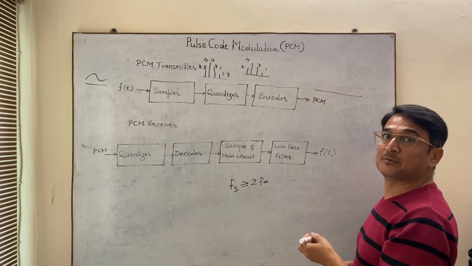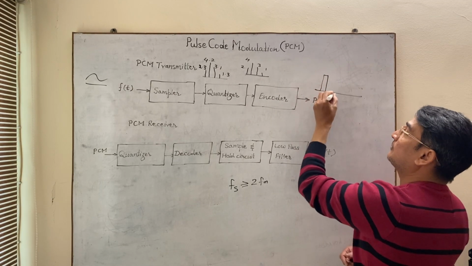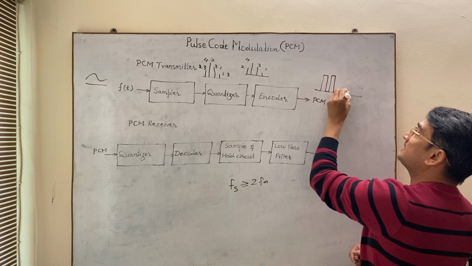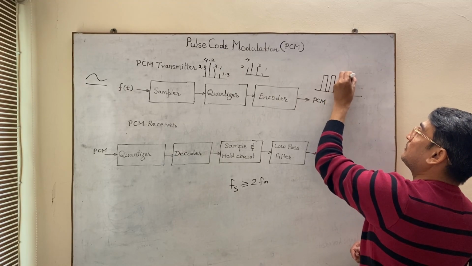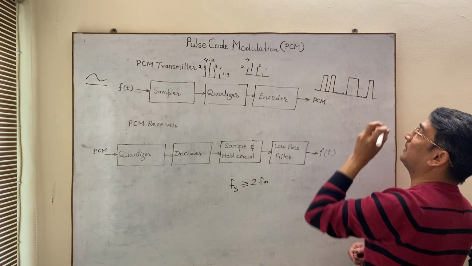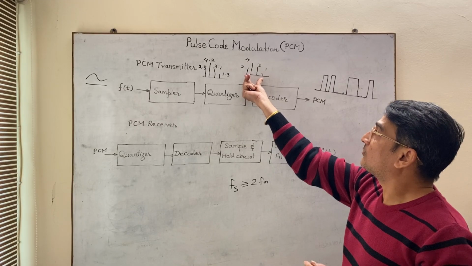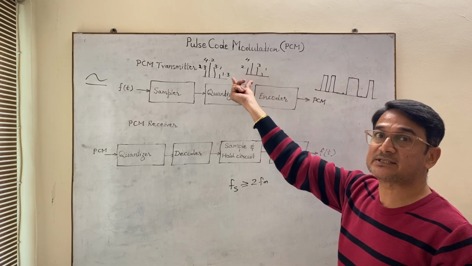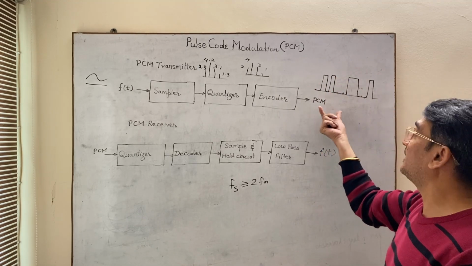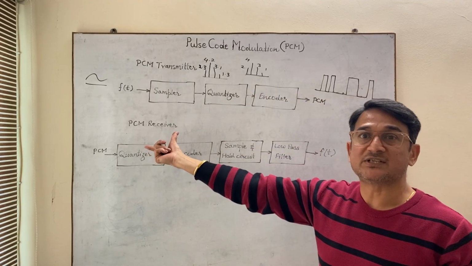The decimal 2 can be represented by 0, 1, 0, 4 is 1, 0, 0, 3 is 0, 1, 1, and then 0, 0, 1. So 2, 4, 3 and 1. This is the conversion of the samples into their corresponding bits. This signal is known as the PCM signal, and we will transmit it towards the receiver.